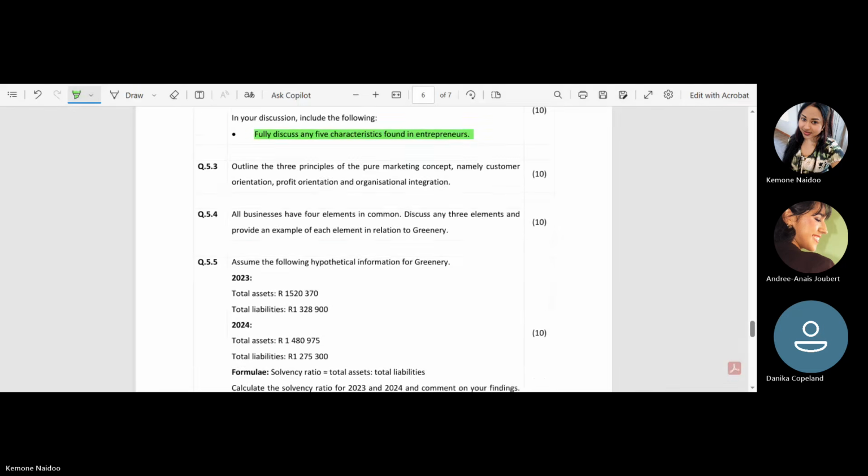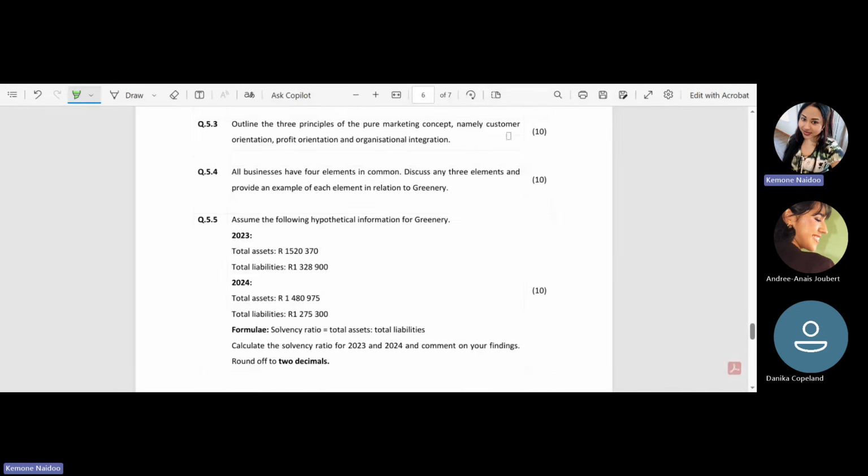Okay. The next one looks at outlining 3 principles of the pure marketing concept. So we're looking at customer orientation, profit orientation, and organizational integration. These are the 3 aspects that are aligned with the pure marketing concept. So if you are asked to outline, this simply means you're mentioning the key points.